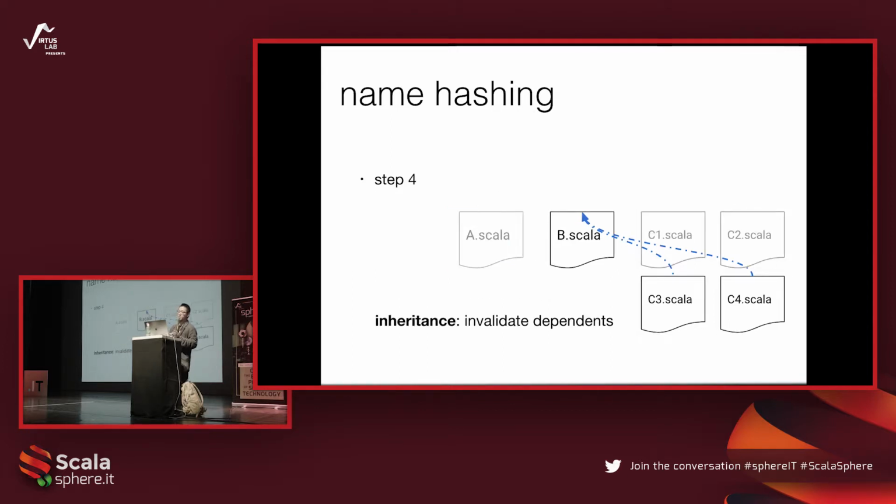For inheritance, there's really no way of working around this; we just compile, because you need to do a lot of checking for inheritance. So the situation hasn't changed: if your C3.scala inherits something inside of B.scala, we would do the recompilation here.